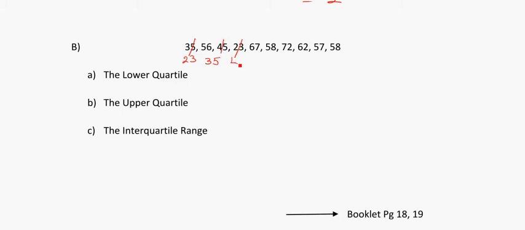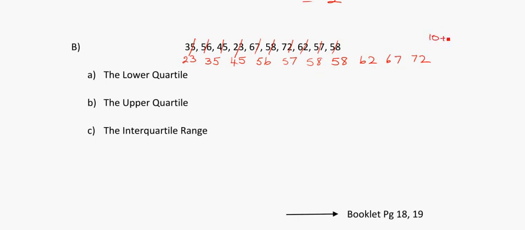And the next one's 45, and then we've got a 56, and then we've got a 57, and we've got a 58, and we've got another 58, and we've got a 62, and a 67, and a 72. How many data values? 1, 2, 3, 4, 5, 6, 7, 8, 9, 10.